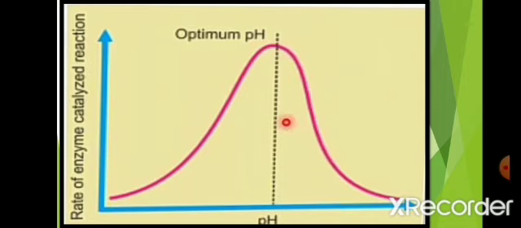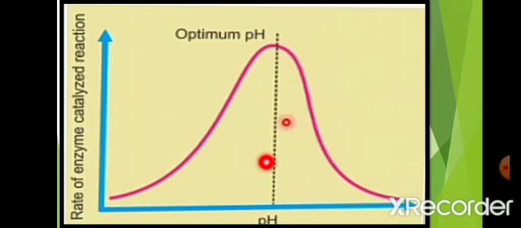Look at the graph. The most favorable pH value, the point where the enzyme is most active, is known as the optimum pH. This is the optimum pH. For example, the pepsin enzyme has optimum pH 2, so it will work at its maximum rate at pH 2.